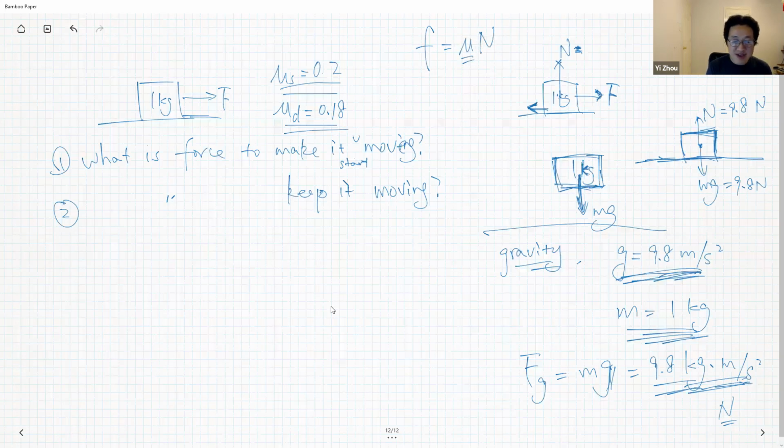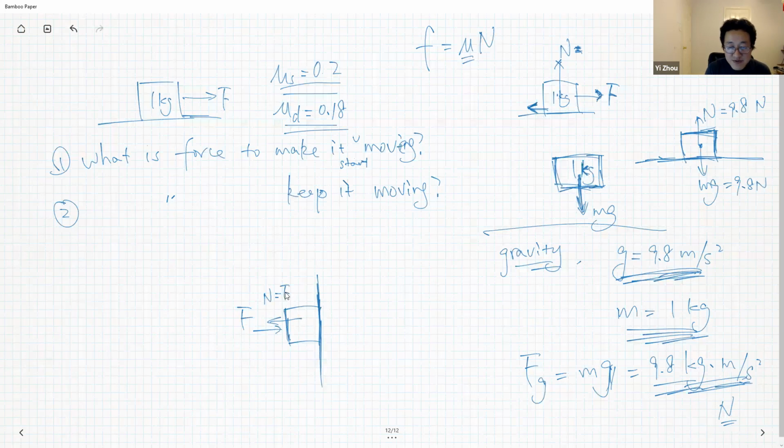So even if we have something like this, if we push a block into the wall, so it's not dropping, then in this x direction, because there's no gravity in the x direction, the normal force will be to the left. It'll balance this force, equal to F, right?